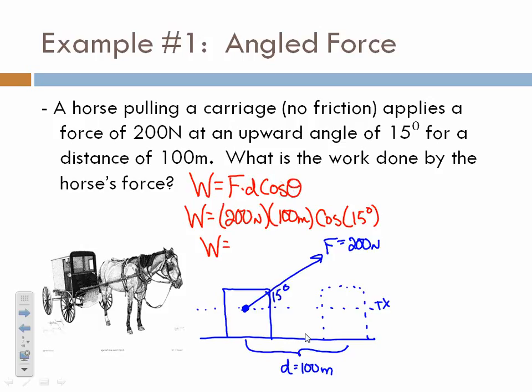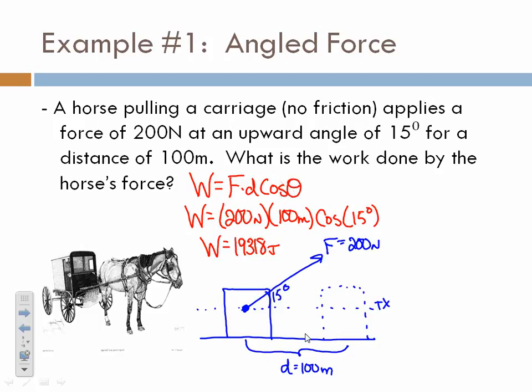So go ahead, punch that into your calculator. Don't be lazy. You can do it. 200 times 100 times the cosine of 15 degrees. And we get, holy cow, 19,318 joules. I'm not even going to bother writing the decimals on that because that's such a huge number. Who cares about the decimals on that?